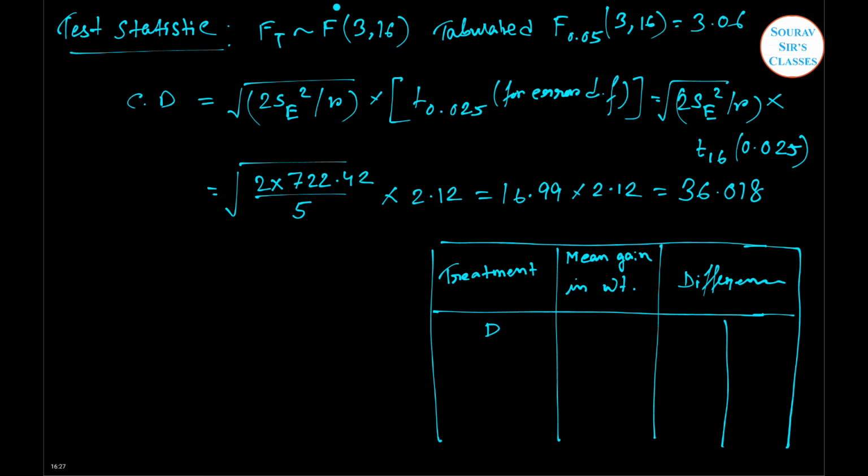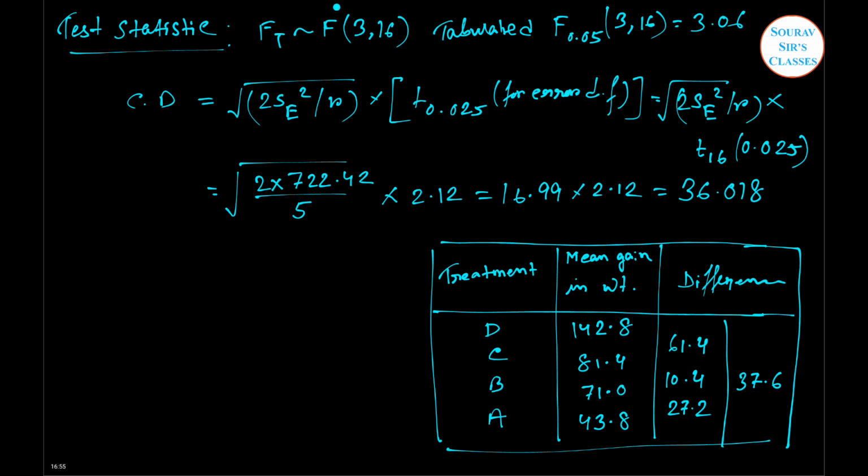Now D, C, B, A: 142.8, 81.4, 71.0, 43.8, and the differences 61.4, 10.4, 27.2, that is 37.6.